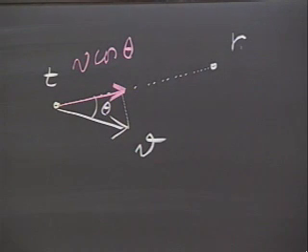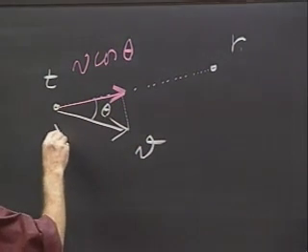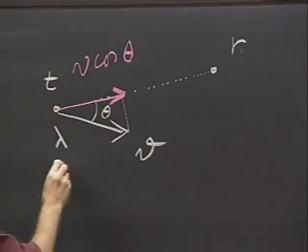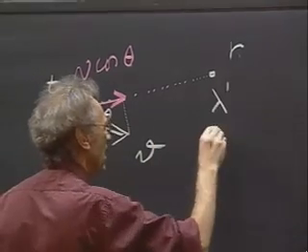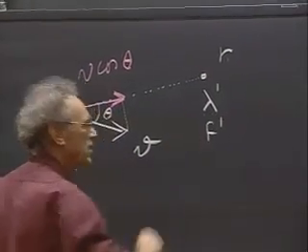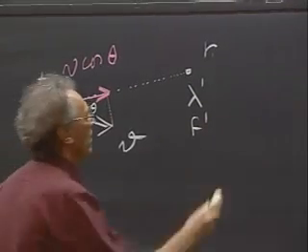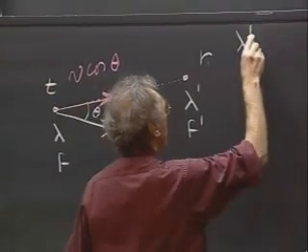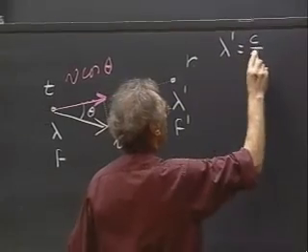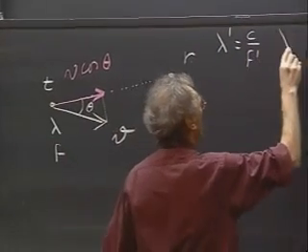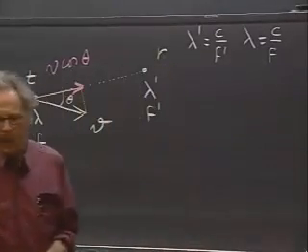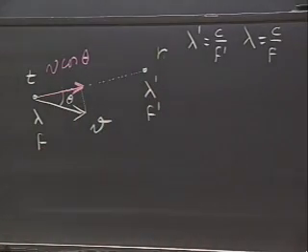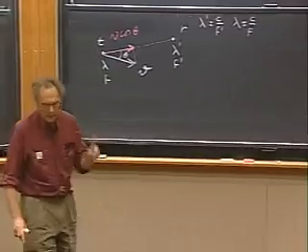And with this picture in mind, if this one radiates a wavelength lambda with frequency f, and this one receives a wavelength lambda prime with frequency f prime, then lambda prime is c divided by f prime, and lambda is c divided by f. And I will give you the result of the Doppler shift equation in terms of lambda.